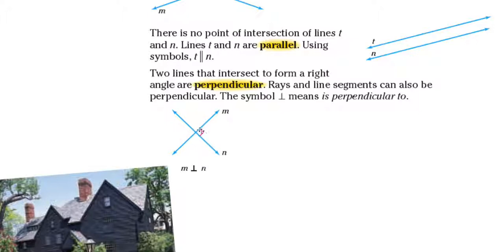Because it forms a right angle where they intersect. Same thing with this one. Segment RS is perpendicular to segment CD. Again, it forms a right angle. And lastly, you have two rays. You have two lines, two segments, now two rays. They are perpendicular to each other because ray AD is perpendicular to ray AQ.